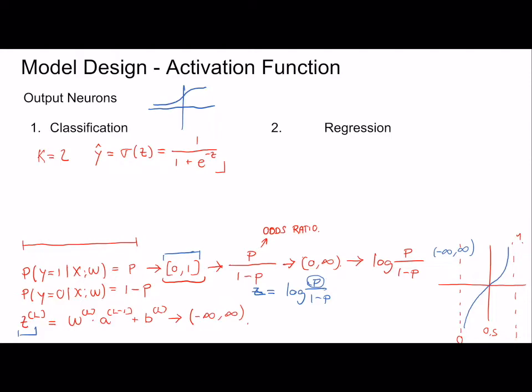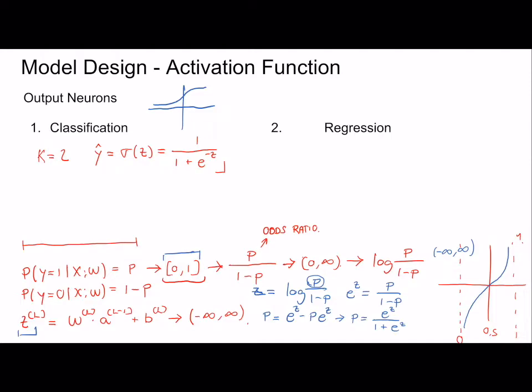So e to the power of c is equal to p over 1 minus p. Then p is equal to e to the power of c minus p e to the power of c. And then p is equal to e to the power of c over 1 plus e to the power of c.